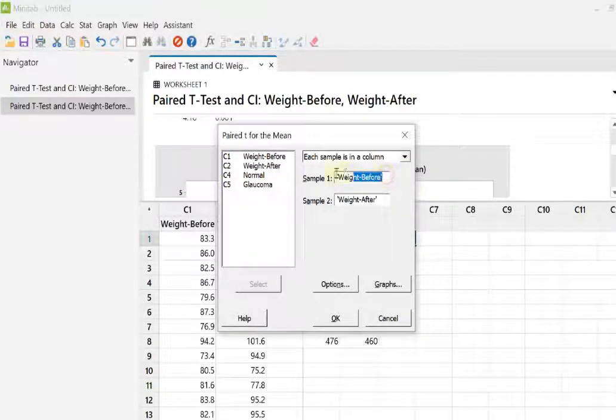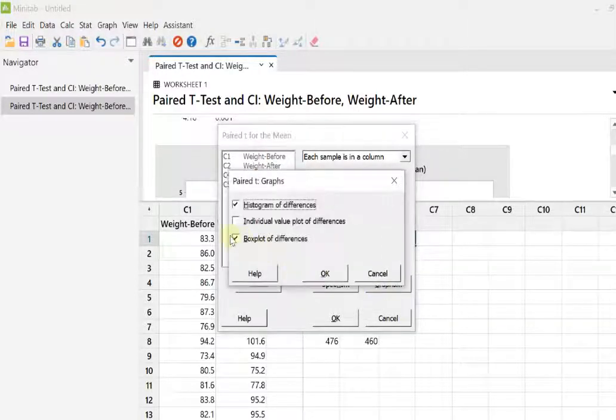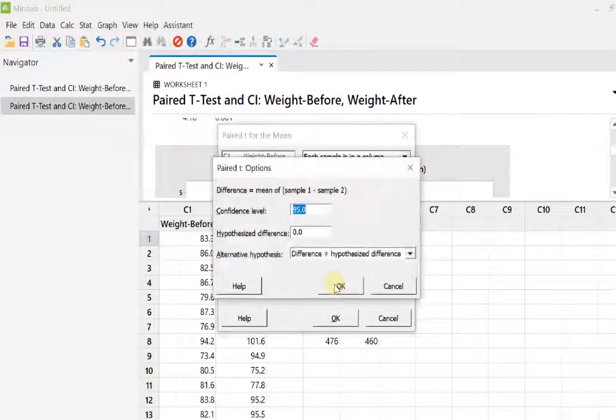And this is data from before, but don't worry, if you left click once in this field, now because there are 4 columns, look what happens. See, you see these 4 columns. So I'm in this cell. If I double click on normal, it selects it. It automatically tabbed over to sample 2. See, I didn't do that. So I'm just going to double click on glaucoma. And there you go. And I'm not going to do any of the graphs for this one, but you could if you like to. And options.